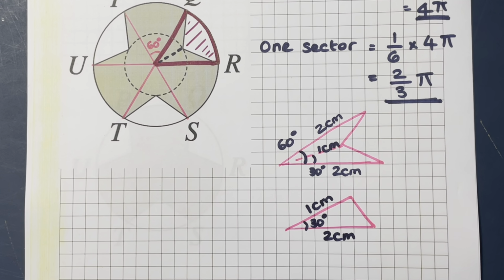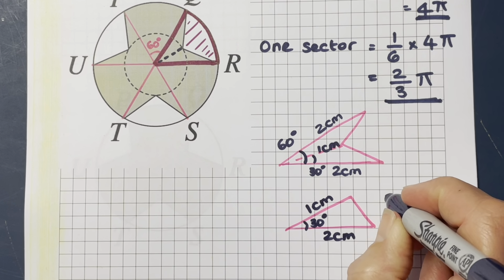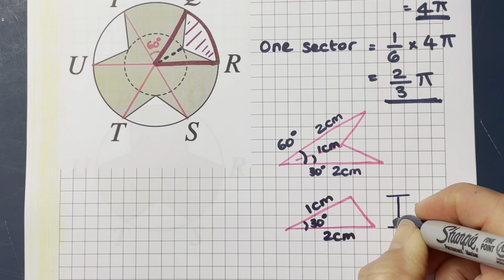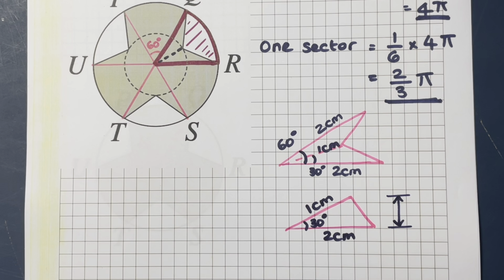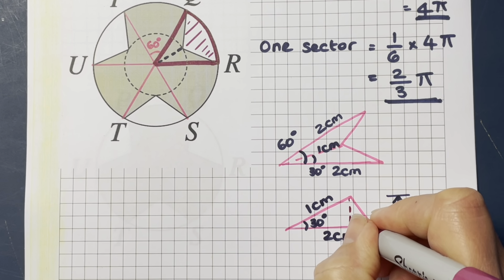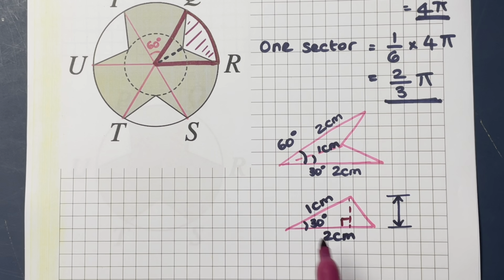To work out the area of this triangle, I need to know the perpendicular height, don't I? I'm going to call that H. So I'm now just looking at the right angle triangle bit here, and I'm going to use my sine rule.